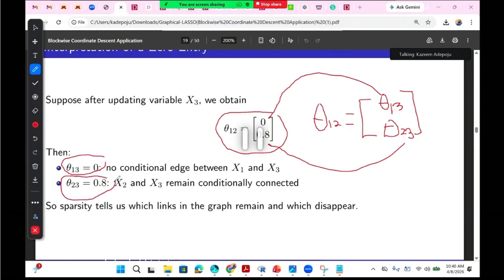Okay. So the first one that is equal to 0 means that before observing the rest, a relationship exists, but after observing the rest, the relationship disappeared. That is what we call conditional independence. Conditional independence is what is going to make your network sparse. But you know what this guy is trying to say?